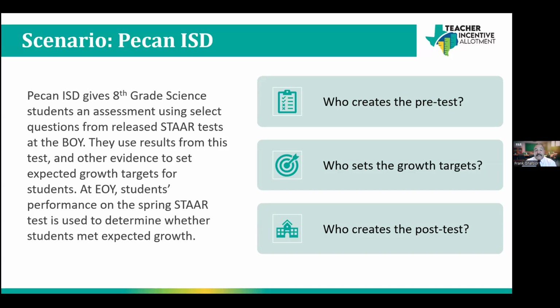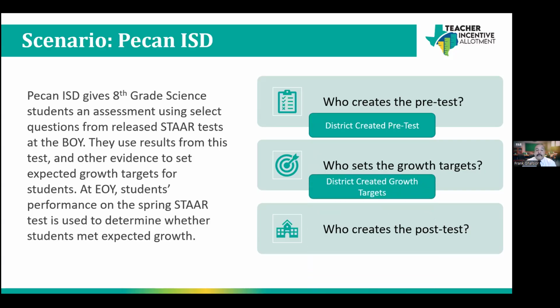We are changing it in some manner. We're using select items from the STAAR, and whenever that happens, it becomes a district created pretest. If they had just given a released STAAR, as long as they didn't make changes to it, that would be considered a third party exam. With this, it would be a district created pretest.